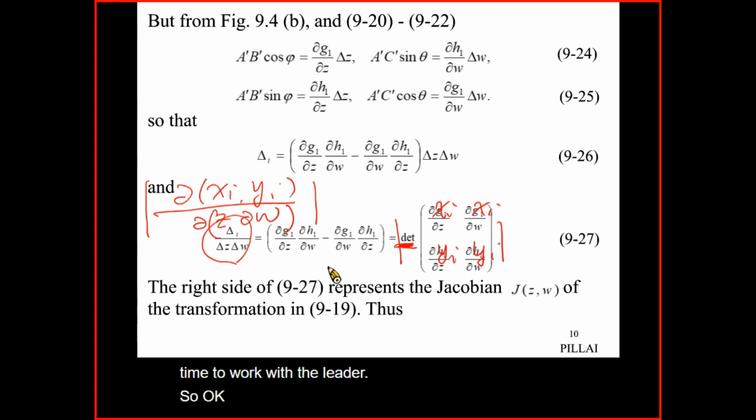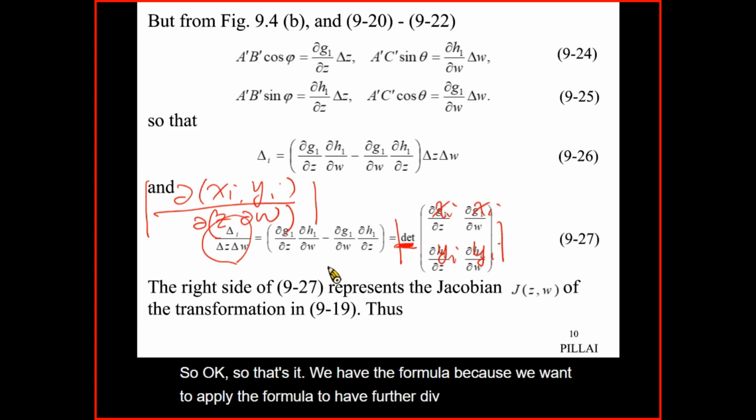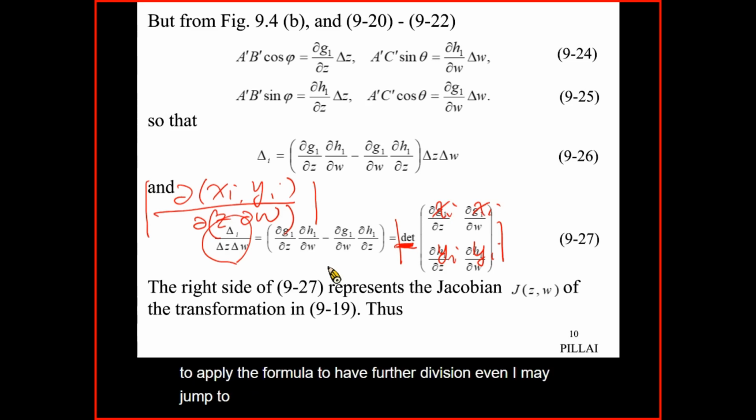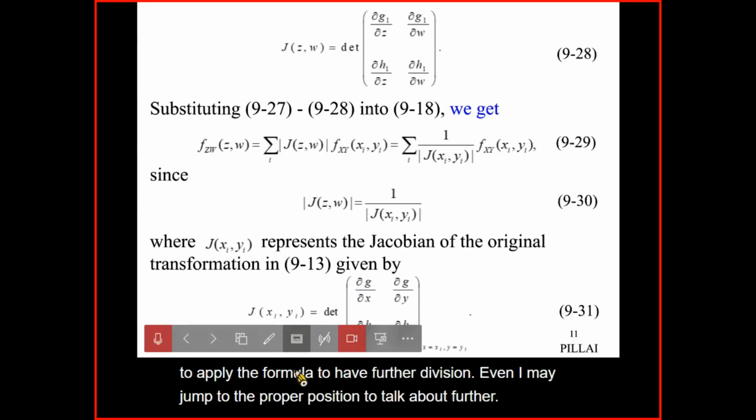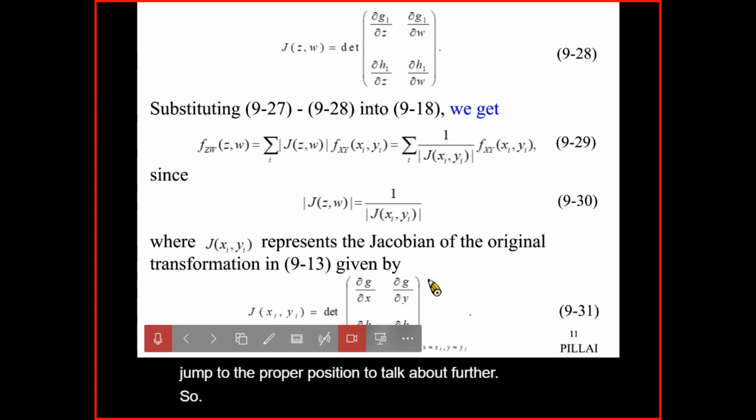Okay, so that's it. We have the formula because we want to apply the formula to have further derivation. Even I may jump to the proper position to talk about it further. So finally, we have the formula.